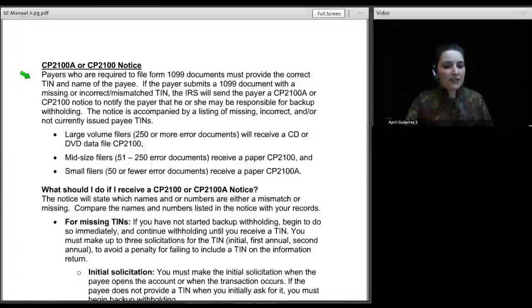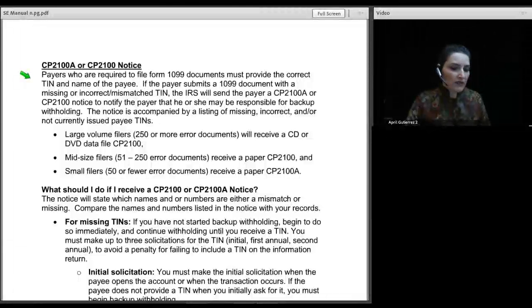If the payer submits a 1099 document with a missing or incorrect, that is mismatched TIN, the IRS will send you, the payer, a CP 2100A letter or a CP 2100 notice to notify the payer that he or she may be responsible for backup withholding. The notice is accompanied by a listing of the missing, incorrect, and not currently issued payee TINs.